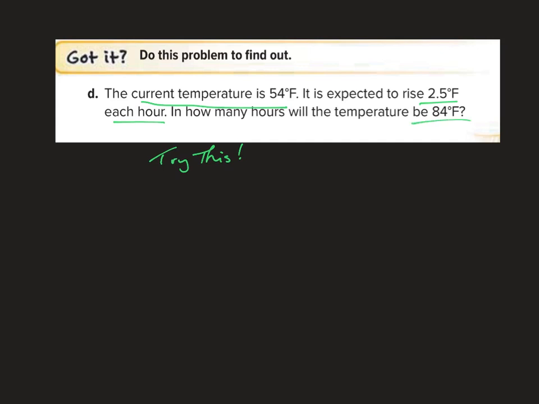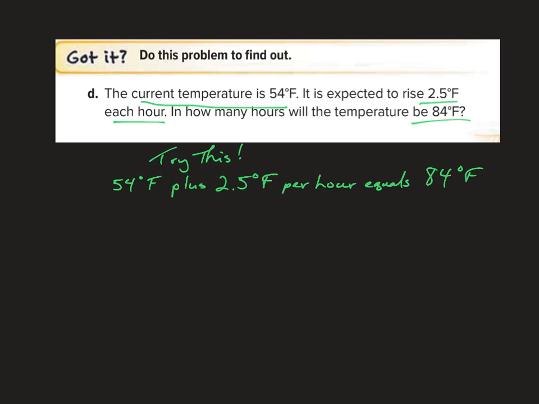So to write this in words, we could say 54 degrees Fahrenheit plus 2.5 degrees Fahrenheit per hour equals 84 degrees Fahrenheit.